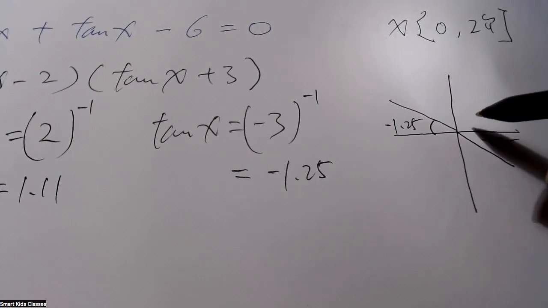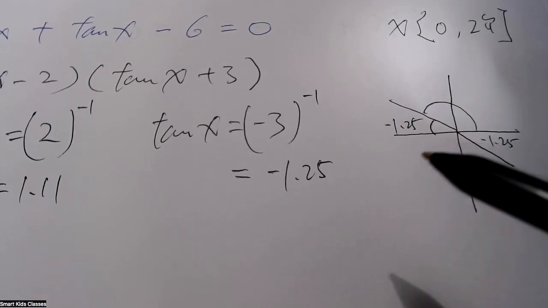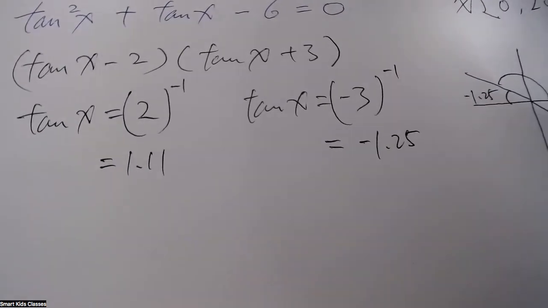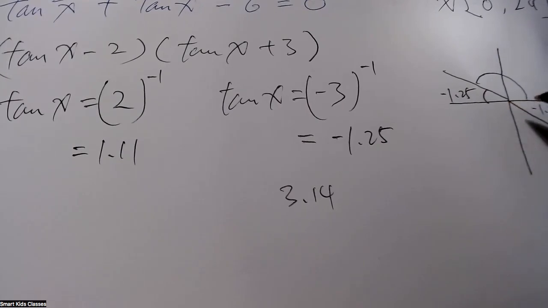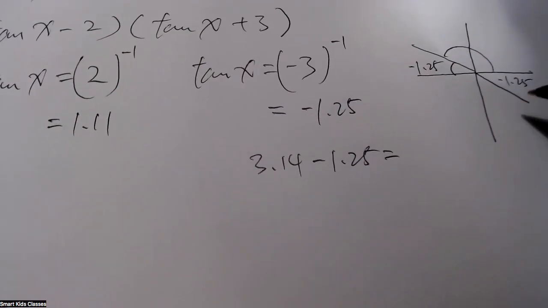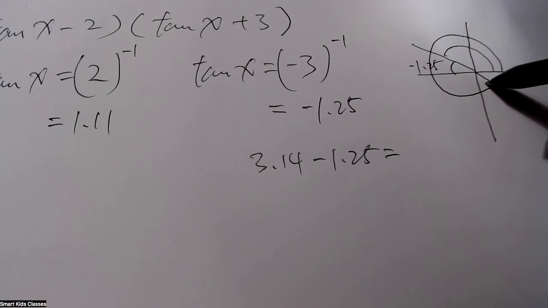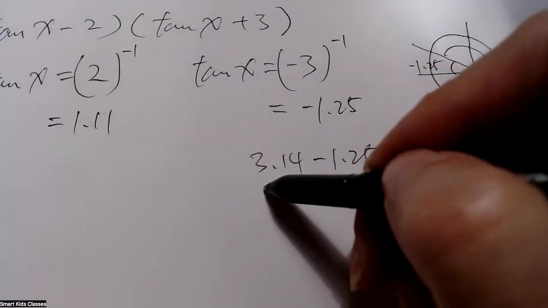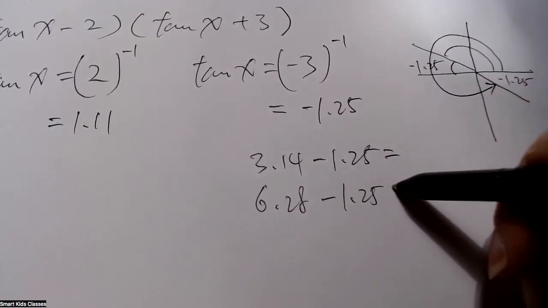And we're going to get the angle from here as pi. So the first angle is going to be pi, 3.14, minus 1.25. The second angle is going to be the principal angle, 2 pi minus 1.25. So 2 pi is 6.28 minus 1.25.